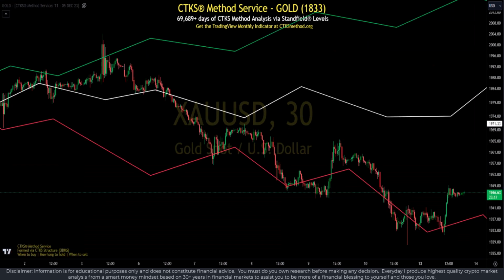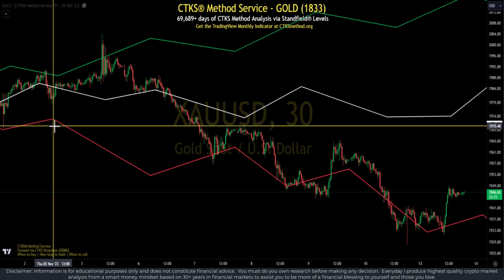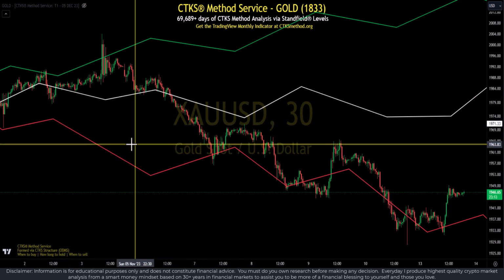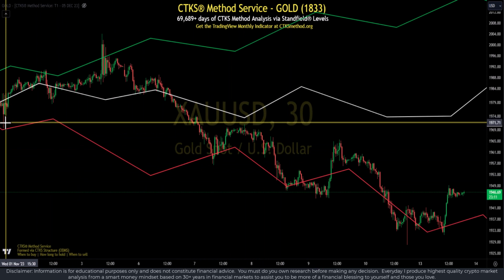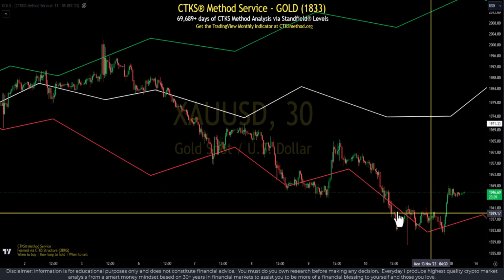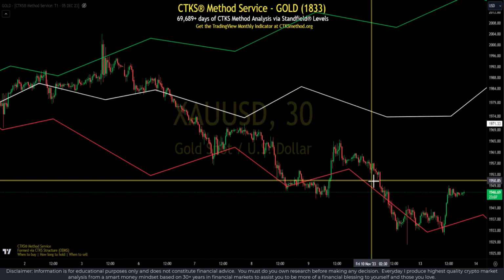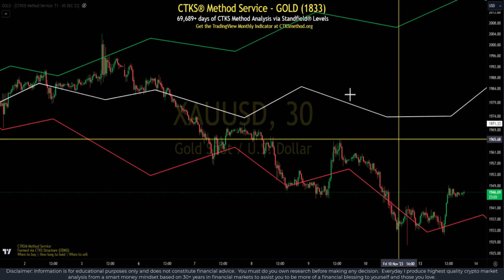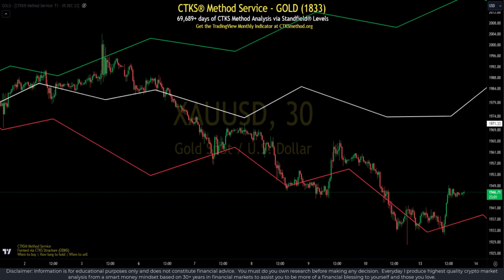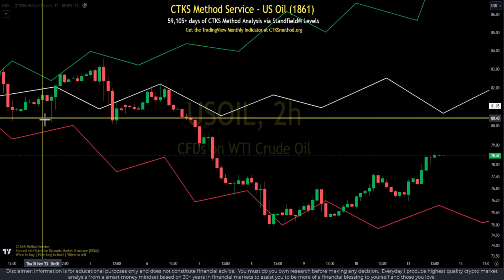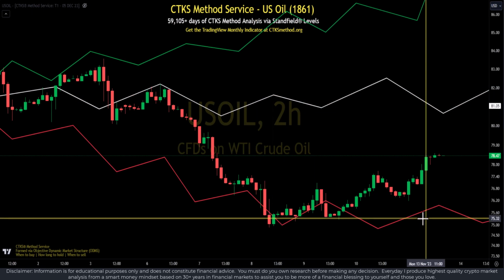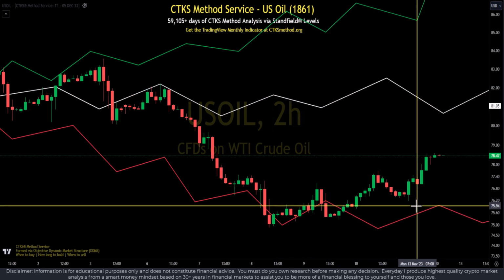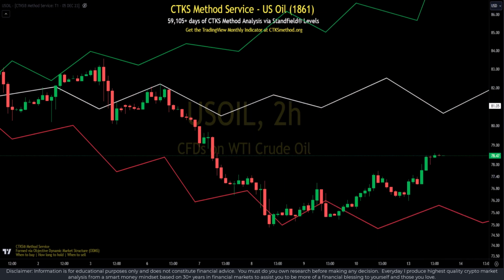For the gold bugs out there, when we look inside the service at the CTKS method paths, these are drawn from the start of the month and project to the end of the month. What you can see is we're following a normalized negative price path and we're getting that kick up as we expected. I talked about it in yesterday's video. I also explained that when it comes to US oil, it's starting to base and that structural support level is starting to push into oil.